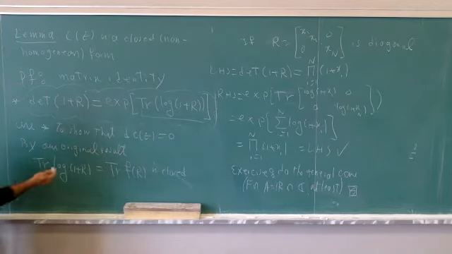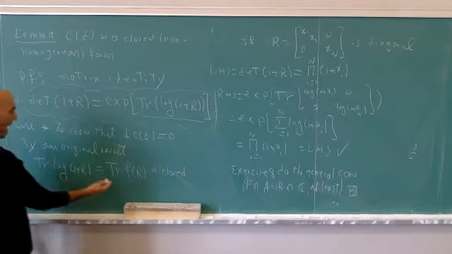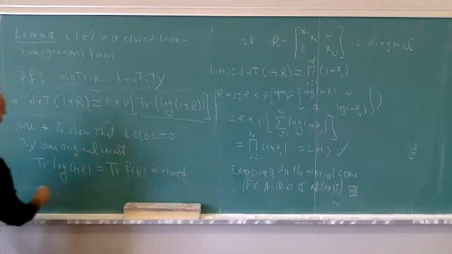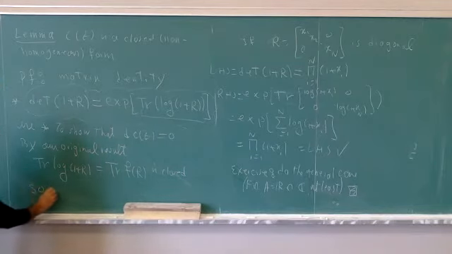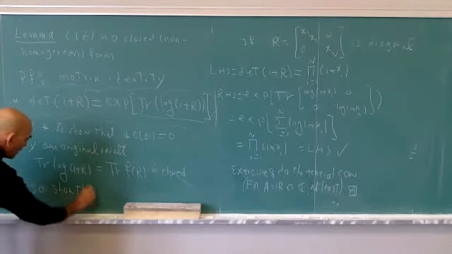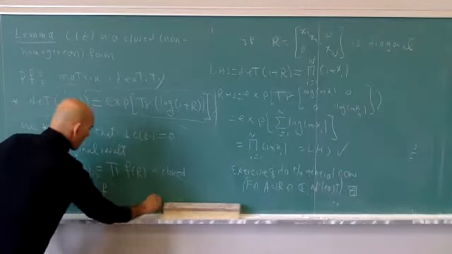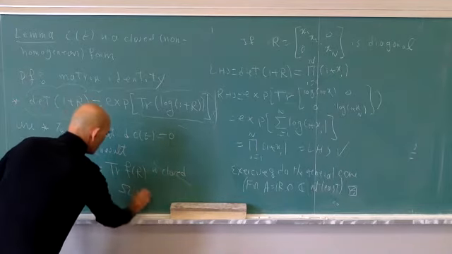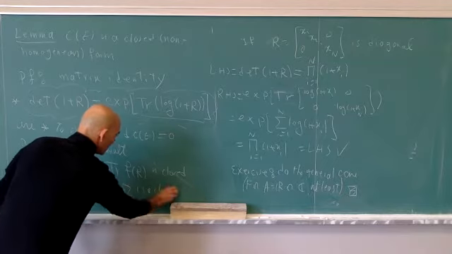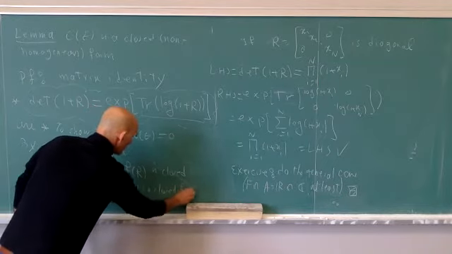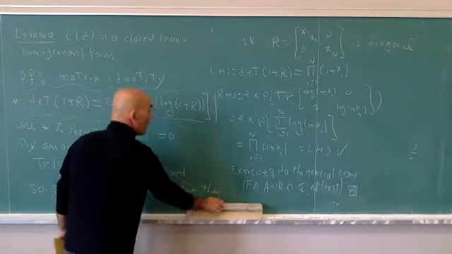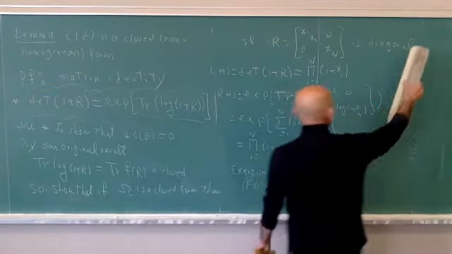So now all you have to convince yourself is that if you have a closed form, if you exponentiate it, you're going to get a closed form. So show that if omega is a closed form, then exponential of omega is also closed.